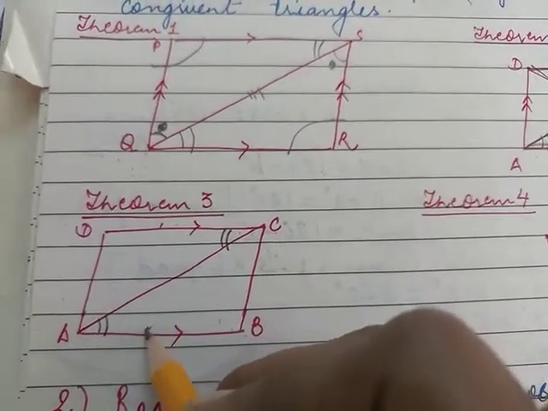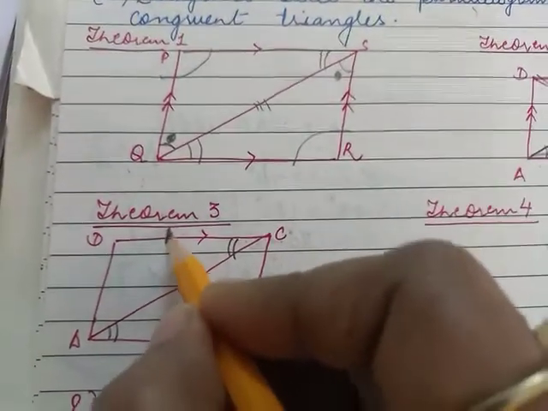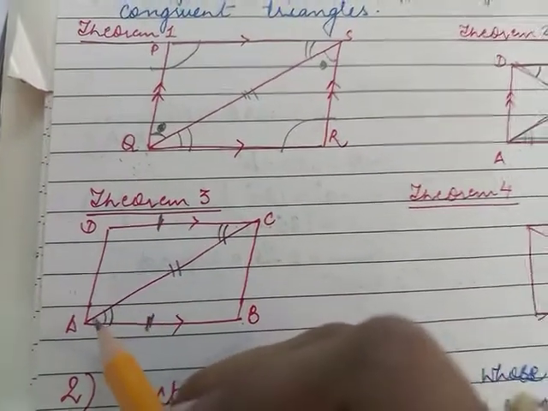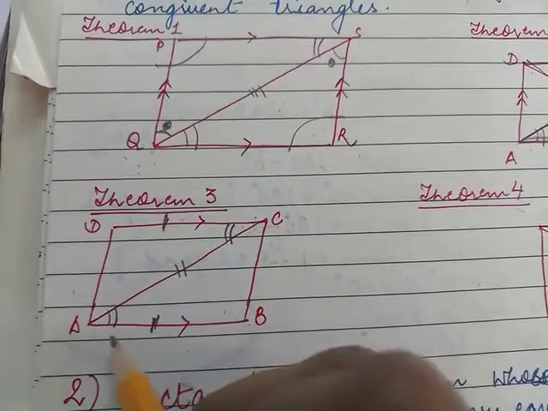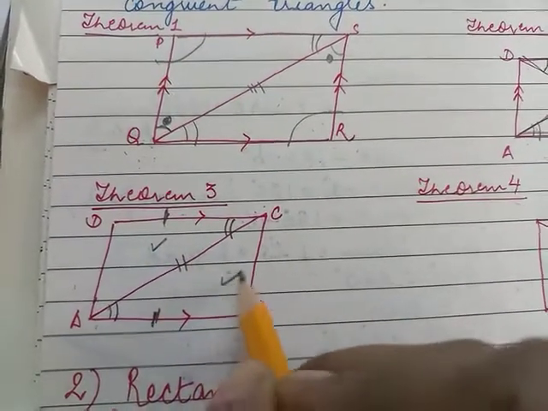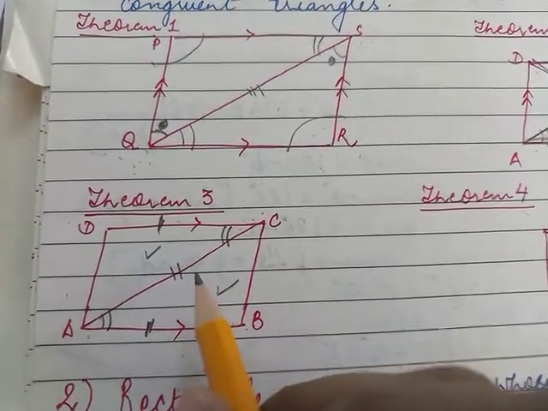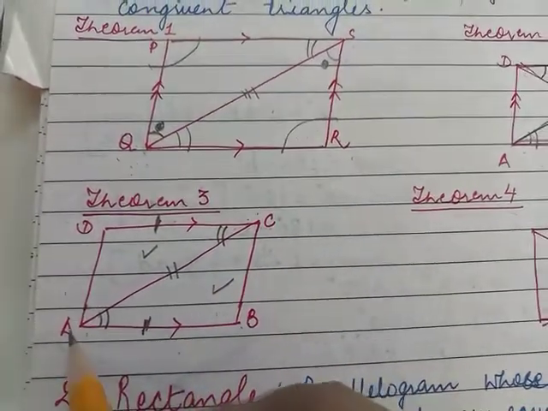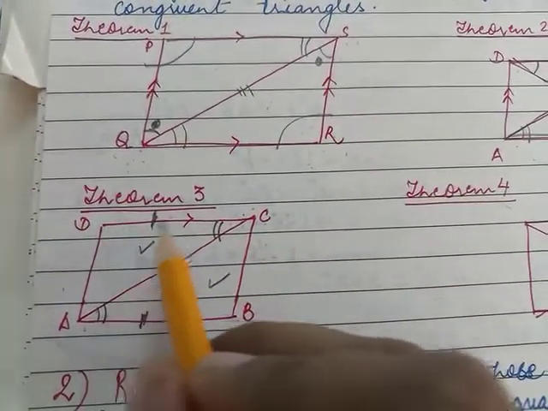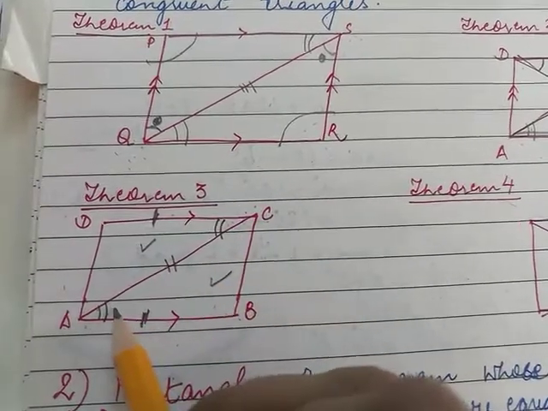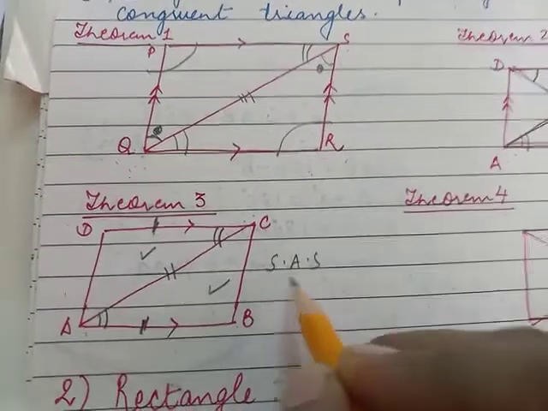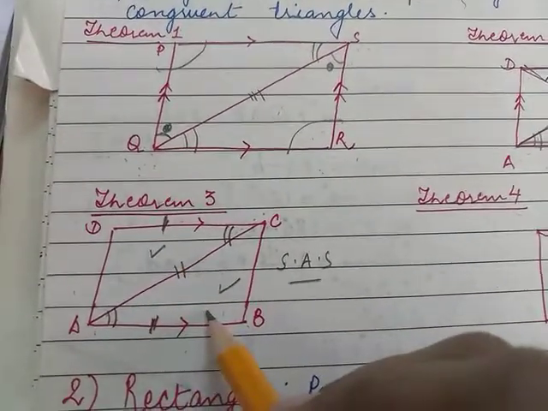AB is equal to DC, it's given, and this side AC is common to both triangles. I consider triangles ABC and ADC. These two triangles are congruent under the condition of side, angle, side. Therefore, under the condition of SAS, the two triangles are congruent.